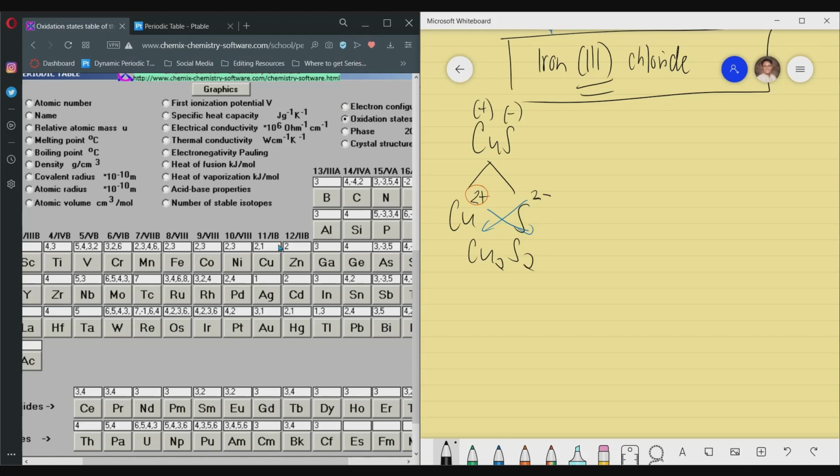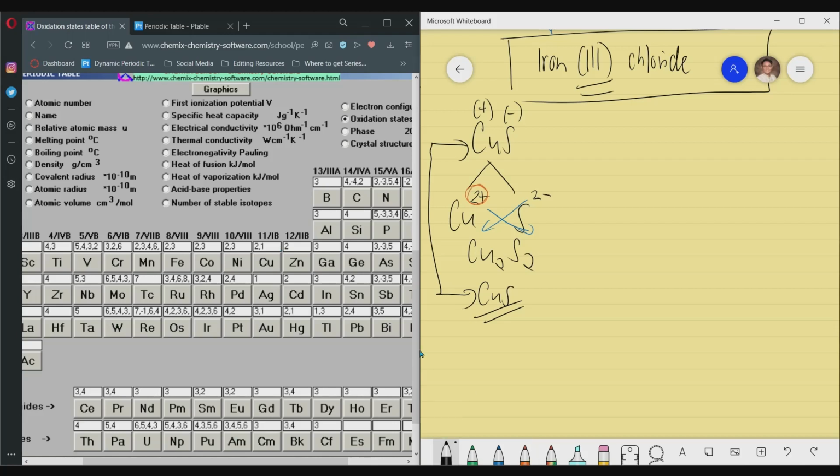But remember, whenever we write ionic compounds formula, we need it to be in its empirical form or lowest term. So 2 and 2 could be in a lower whole number ratio, so we can write Cu2S2 into CuS. Therefore, we have the same empirical formula. Therefore, indeed, copper's variable charge is 2 plus.